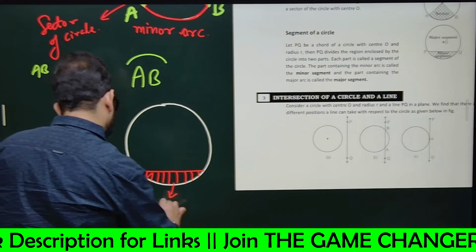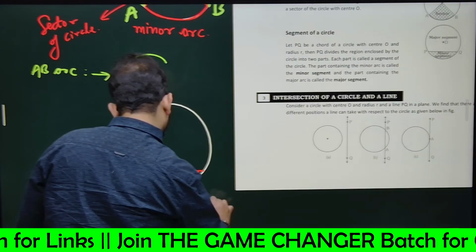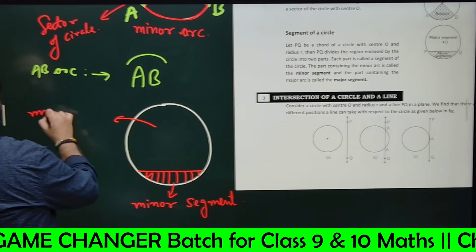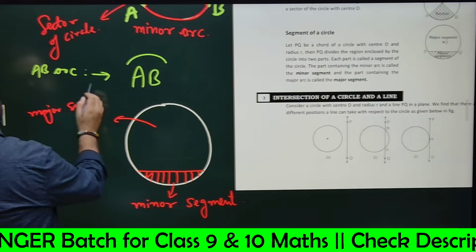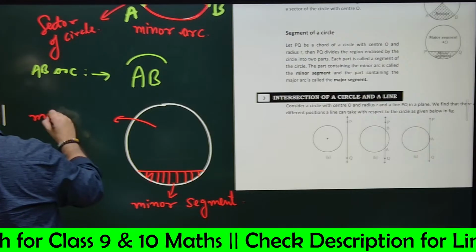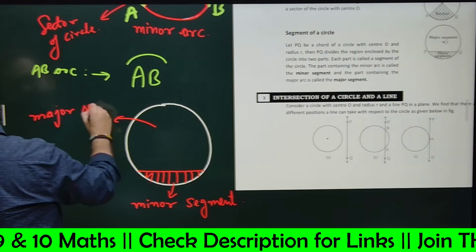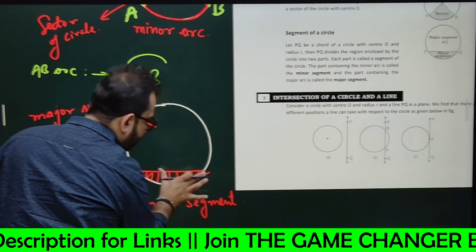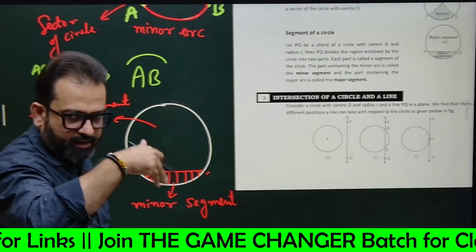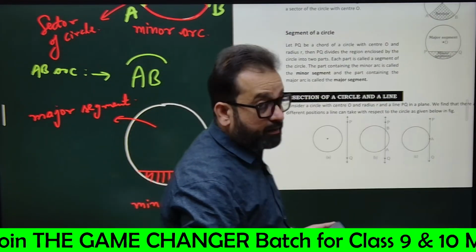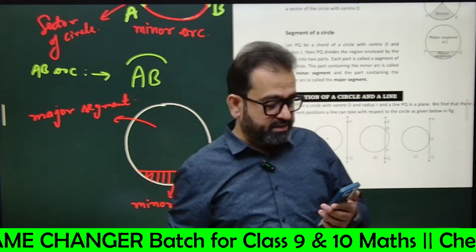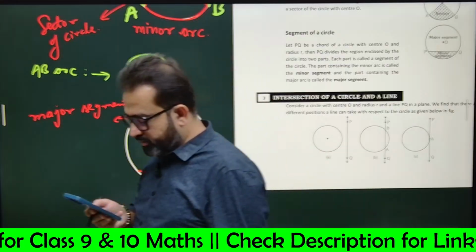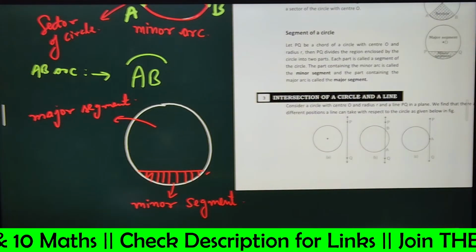The larger one is called the major segment. Now, tell me one thing. The minor arc will produce the minor segment, yes or no? The major arc will produce the major segment, yes or no? Sorted. Got it. Yes or no, sir?